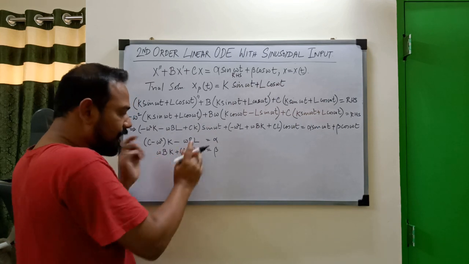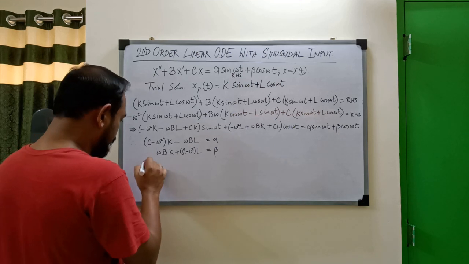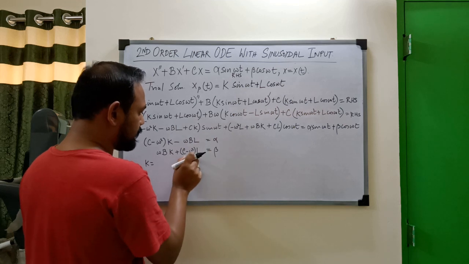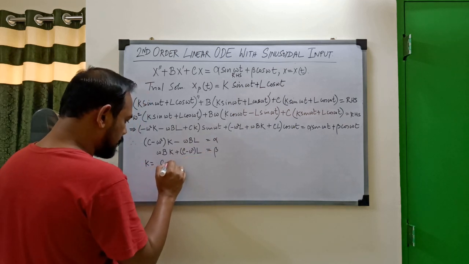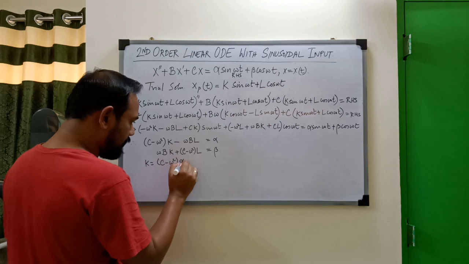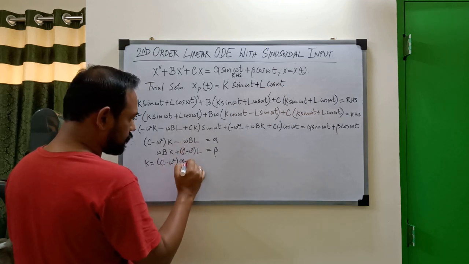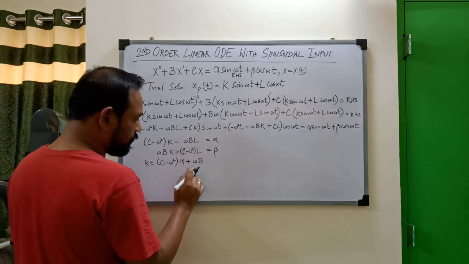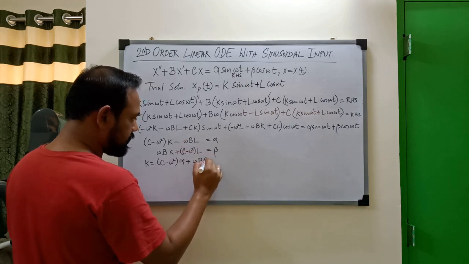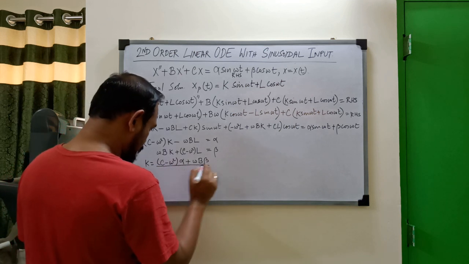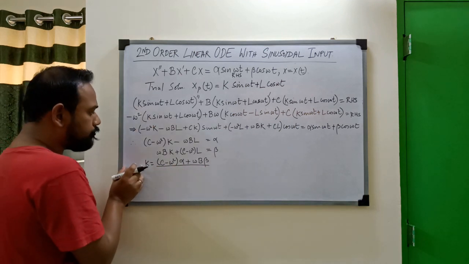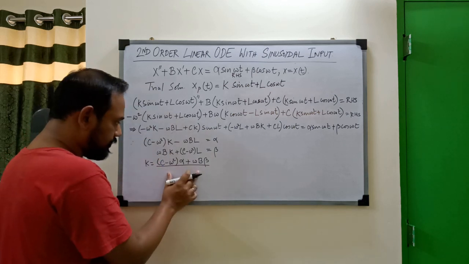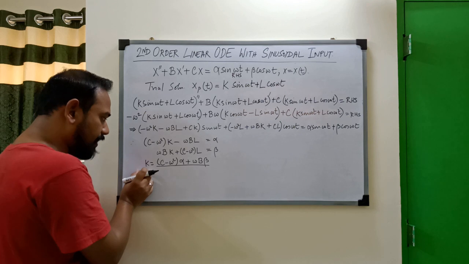That way we have the L cancelling out. From the right hand side, I get c minus omega square alpha, plus omega b beta. Of course, something will become the coefficient of k once we do all of that calculation, and that I can bring down. That way I find k.